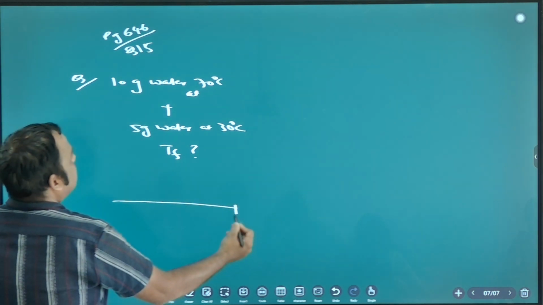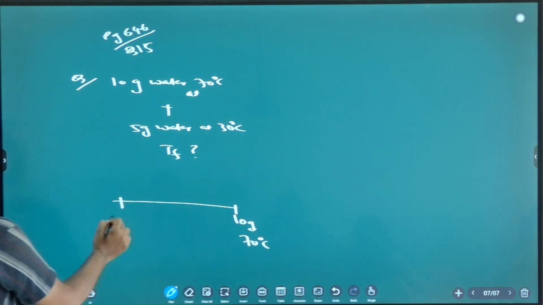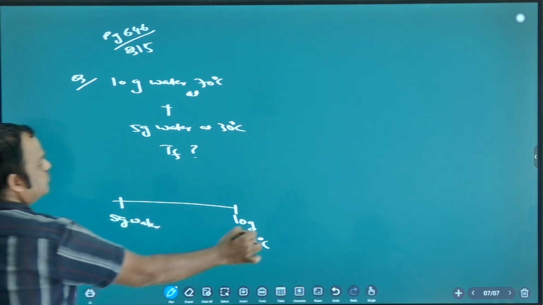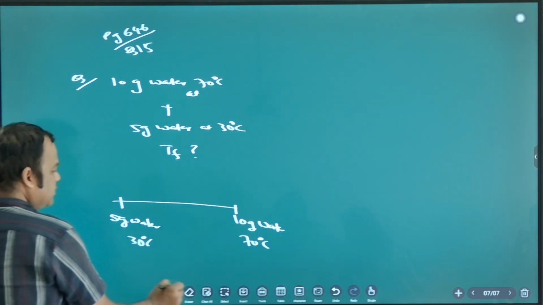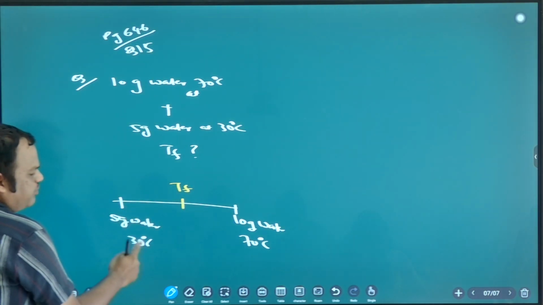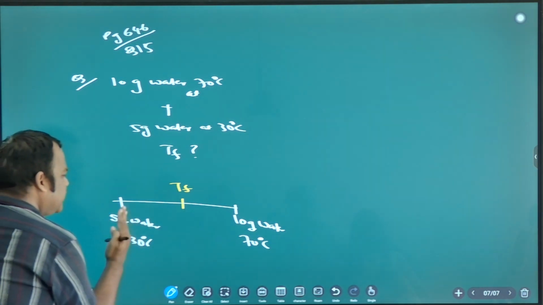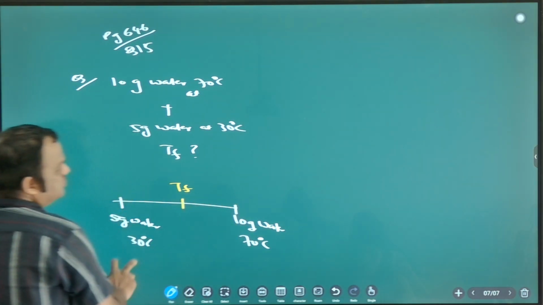So 10 gram water at 70 degrees Celsius is mixed with 5 gram water at 30 degrees Celsius. So the final temperature will be between 30 and 70. So this 5 gram water will gain heat, 10 gram water will lose heat. Correct or not?